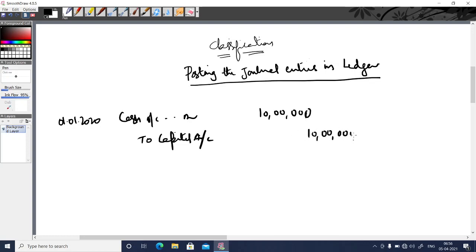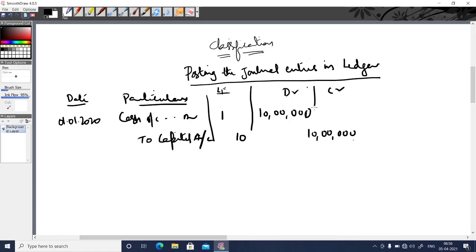This is the journal entry before us, and let us say we have the LF column here also, in page number 1 and in page number 10. Now this is the date column, this is particulars, this is the LF number column, this is the debit amount, and this is the credit amount.